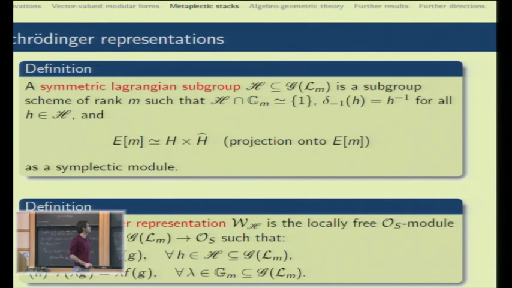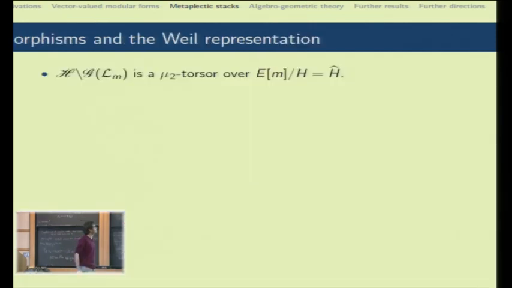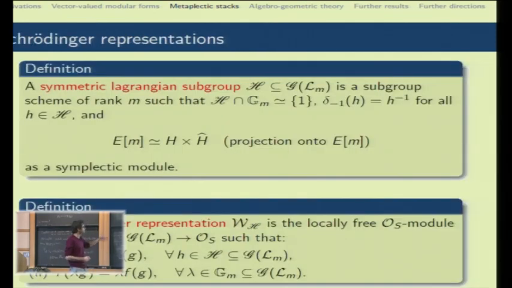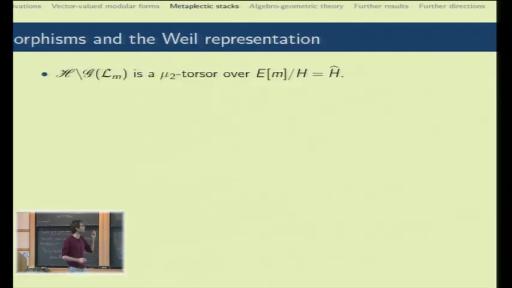Now, there's a delicate part here. I've defined these objects, these Schrodinger representations. The delicate part is how do you actually define the morphisms between them? That's really where a lot of the work with the Weil representation falls. It's about defining the right category of morphisms.